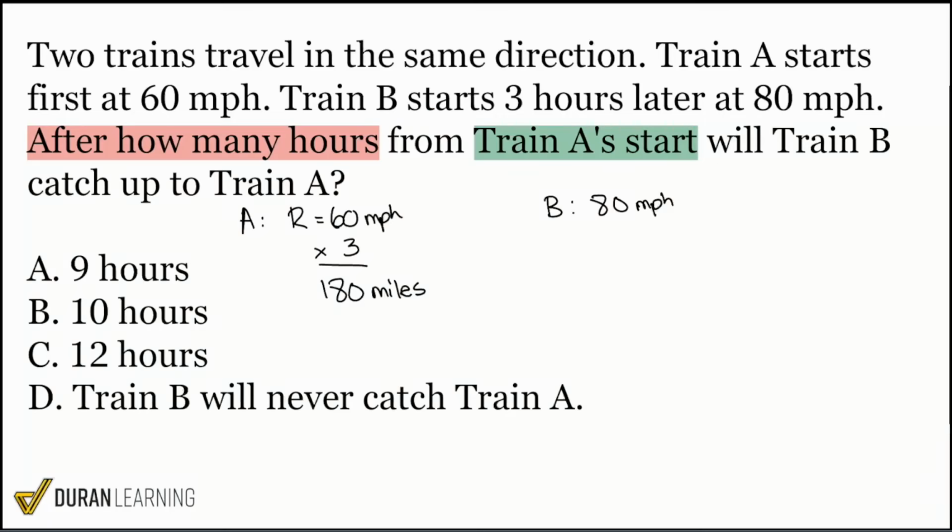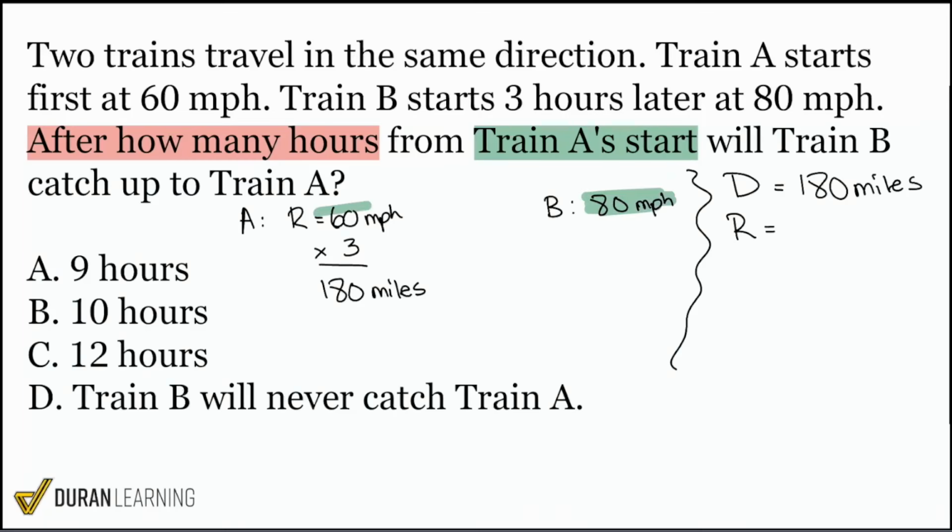The question really is, how long does it actually take to catch up? How long will that take? So, everybody, let's take a look here. The distance that we're trying to catch up is 180 miles. Given that these two trains are moving in the same direction, what do we do again? I'm going to highlight it in green.